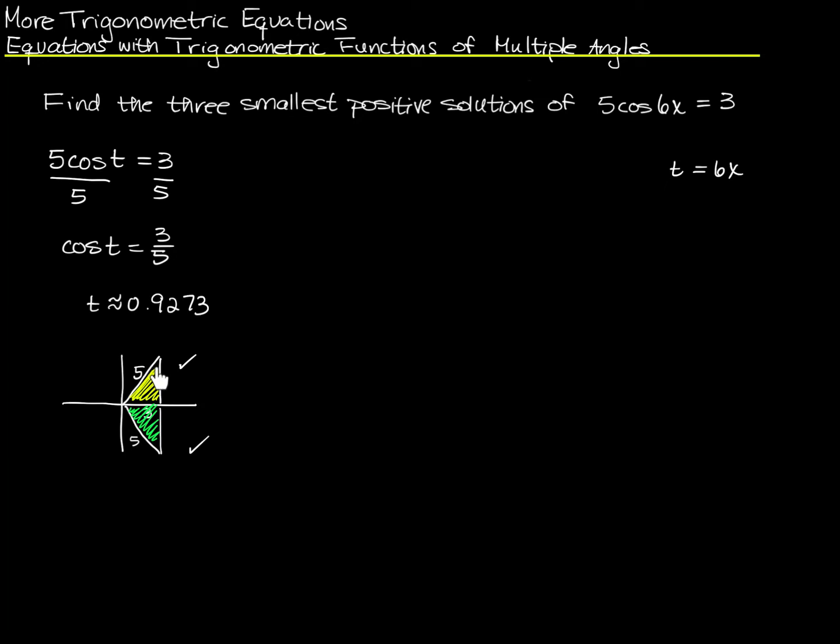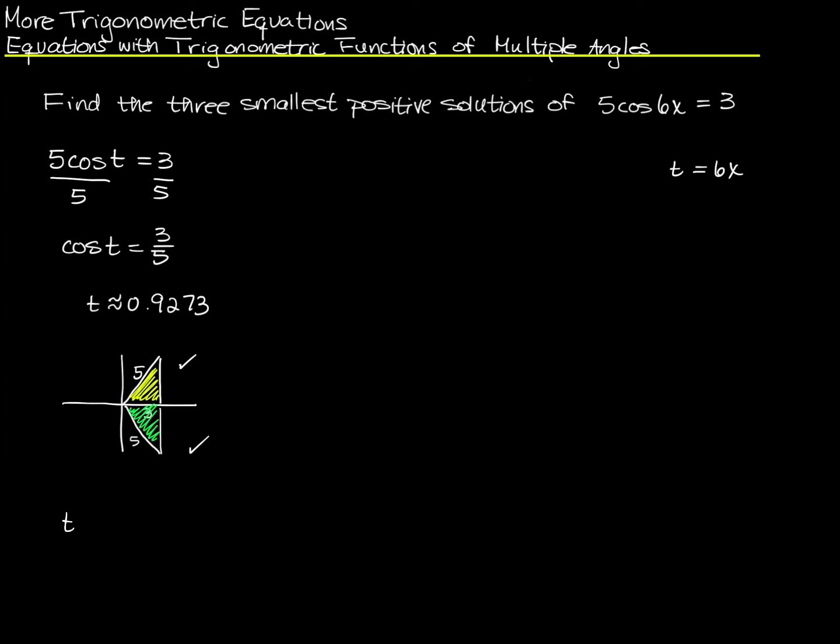And so if this is 0.93 radians, this is also 0.93 radians. So this is actually 0 plus 0.93 radians. This is 2 pi minus 0.93 radians. So I'm going to enter into my calculator 2 pi minus, and then I'm going to use the answer from the previous work that I did, because it's more accurate than this, to find out what the answer is.